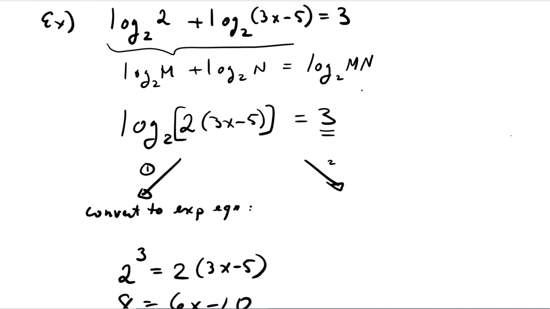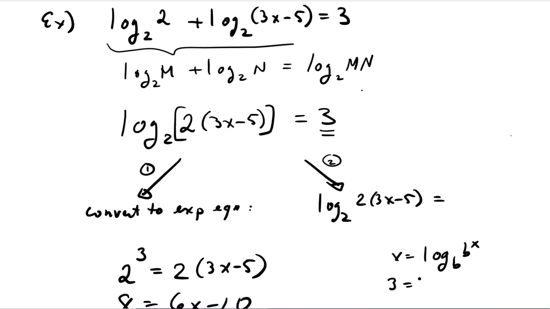Solution number 2 is to try to have logs on both sides, like log of a equals log of b. So I can convert the 3 into a logarithm. How do I do that? Well, you can use the principle that x is always log in base b of b to the x. So if I want to write 3 as a log in base 2, it would be log in base 2 of 2 to the 3.